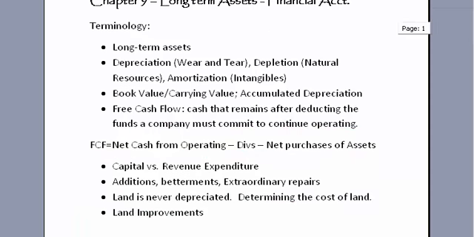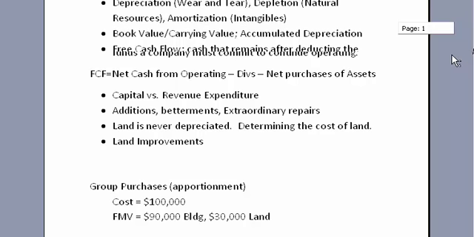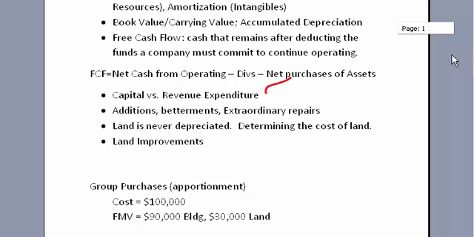The next concept is capital versus revenue expenditure. The idea here is we need to know how we are going to put this onto our books. A capital expenditure is any item that is going to be on our books for more than 1 year. A revenue expenditure is the same thing as an expense.